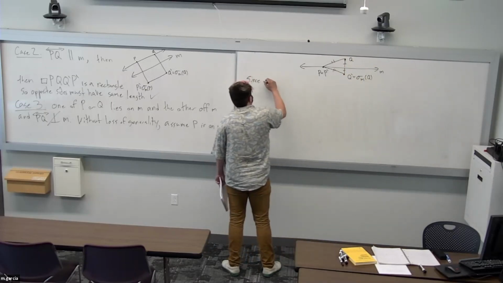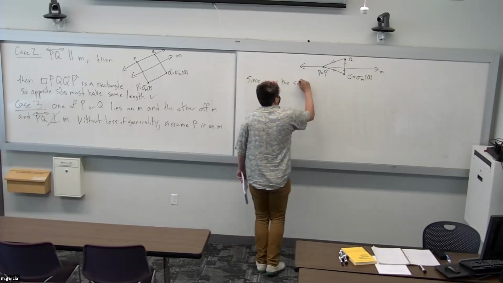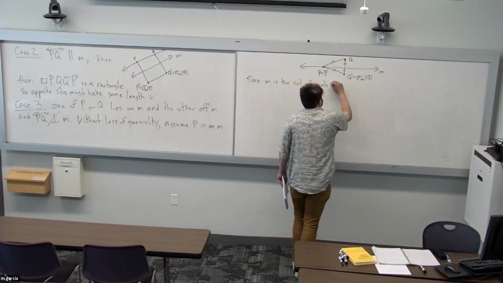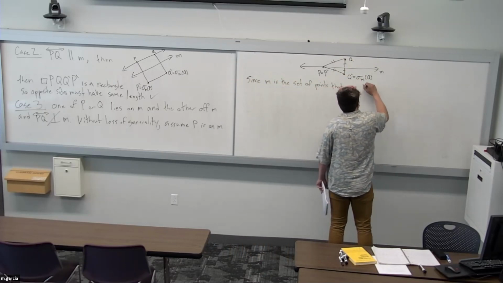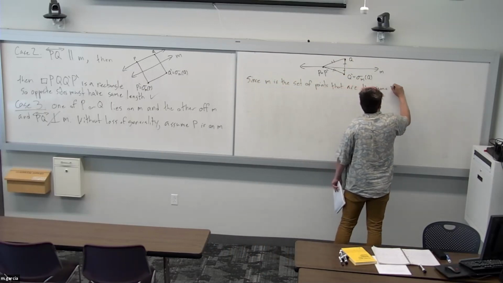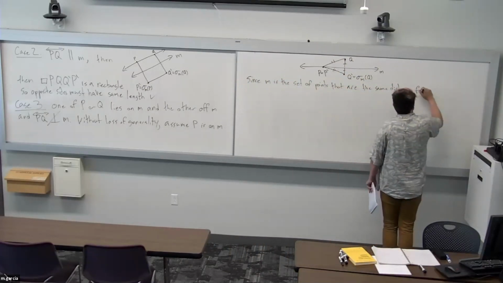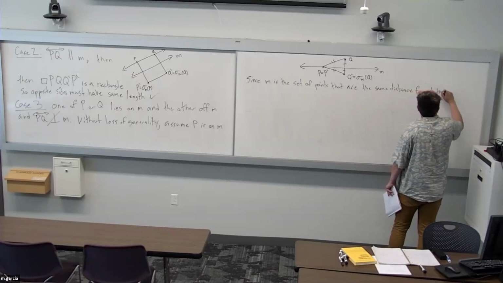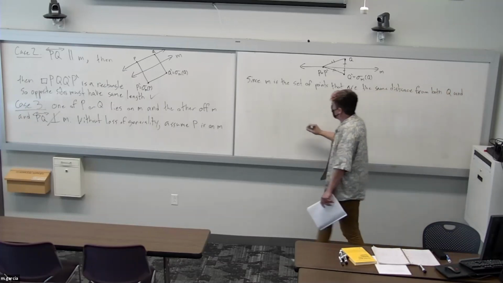Since M is the set of points that are the same distance from both Q and Q prime.